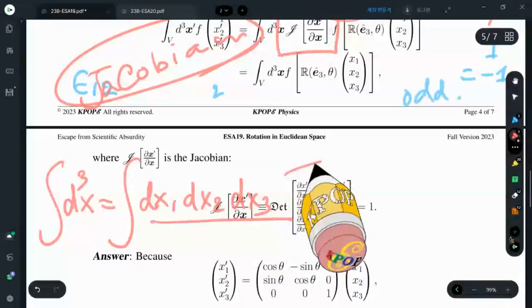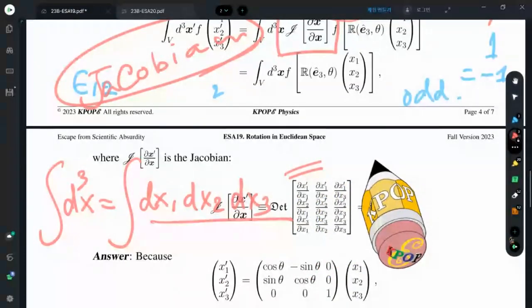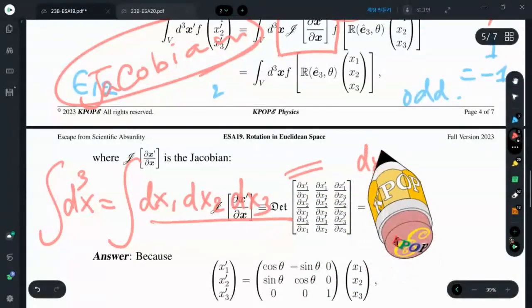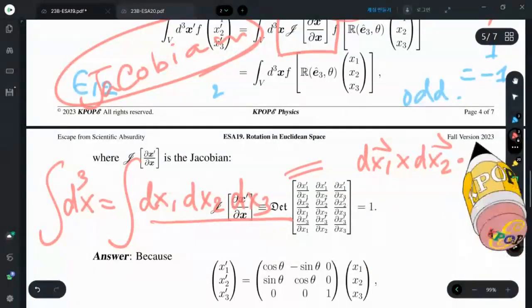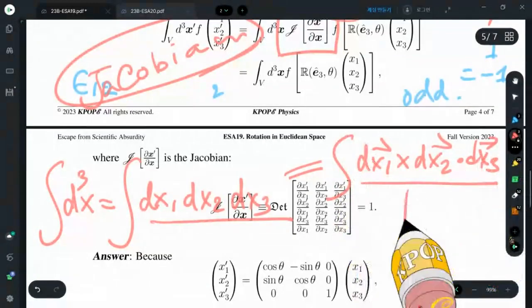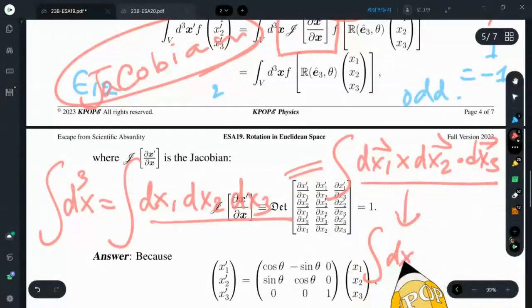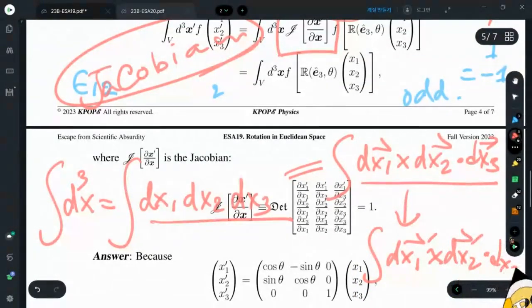However, this can be expressed as a cross product and scalar product, a triple scalar product: dx1 vector cross dx2 vector dot dx3 vector. This volume is to be transformed into x1 vector prime cross x2 vector prime dot x3 vector prime.